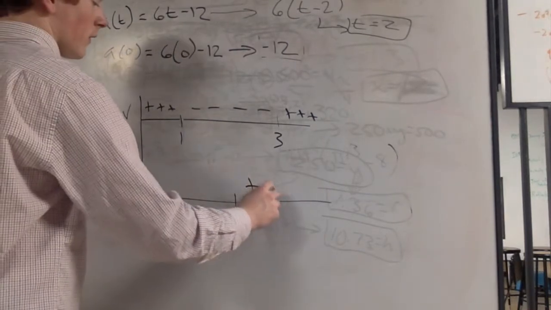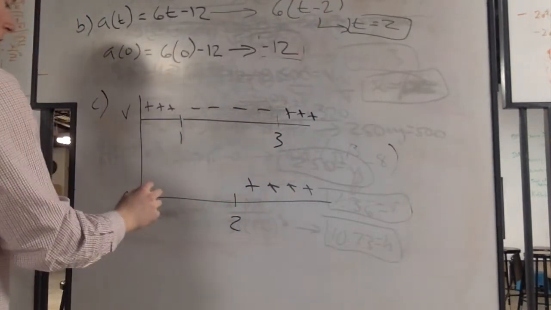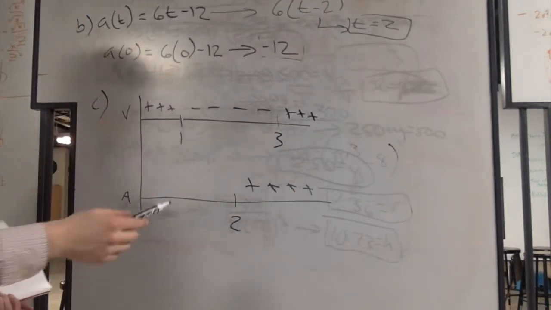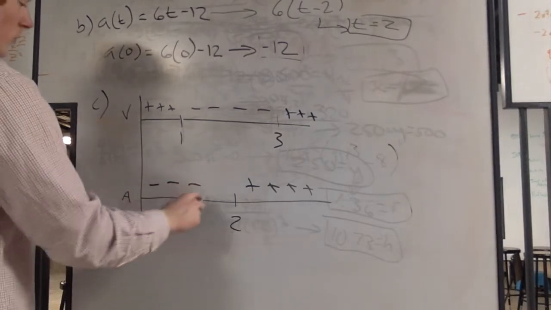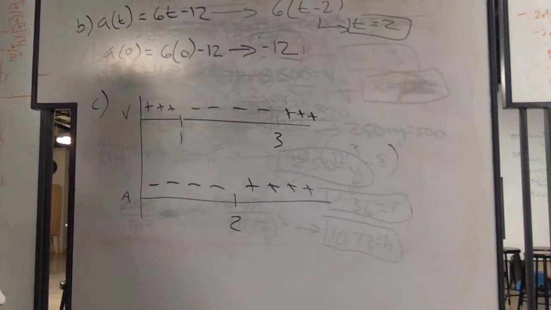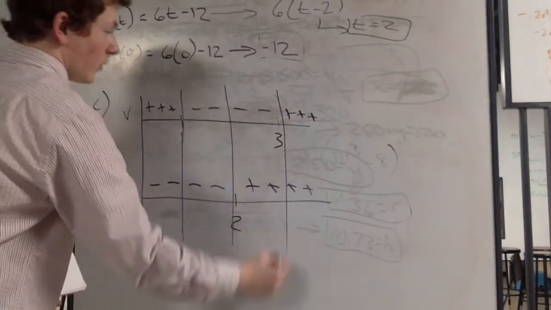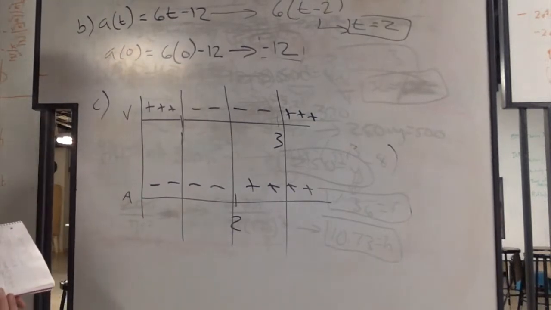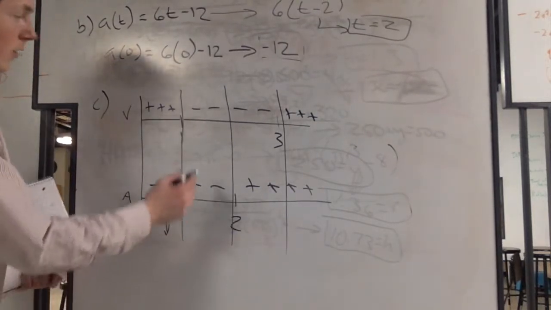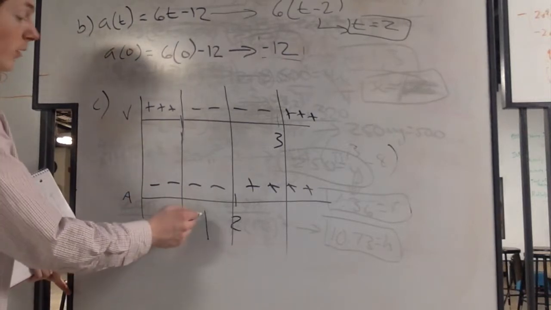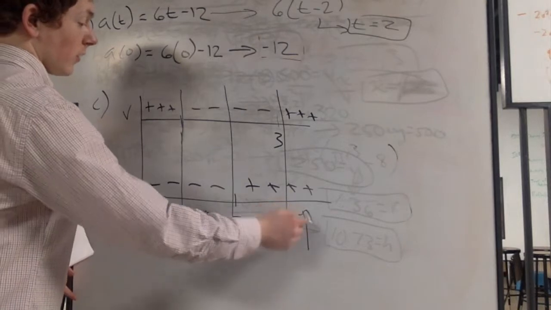This is plus, and then because there's a negative odd exponent, it goes to minus. Then you just divide this into sections, and where it's the same sign, that's where it speeds up, and where it's different, it slows down. So right here it slows down, right here it speeds up, here it slows down, here it speeds up.